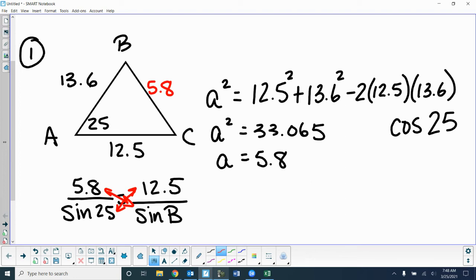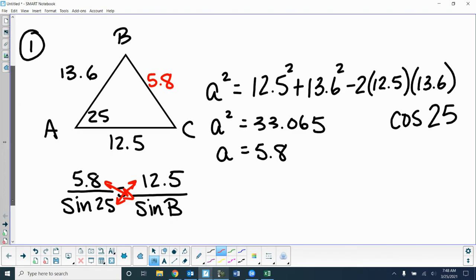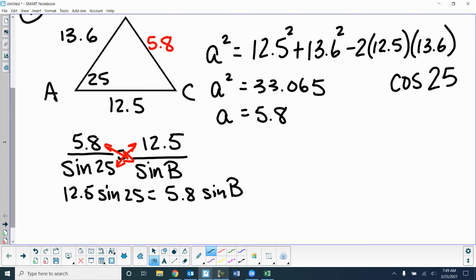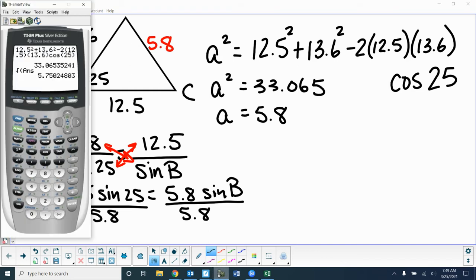So when I cross multiply, I have 12.5 times the sine of 25 equals 5.8 times the sine of B. I want to find out what B is, so I'm going to move the 5.8 over to the other side. So I divide it over because on the right here, I'm multiplying it. So this 12.5 sine of 25 divided by 5.8 is what I put in my calculator.